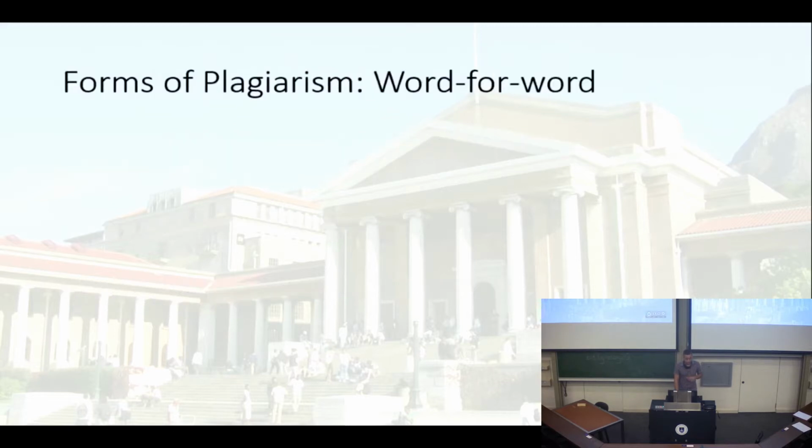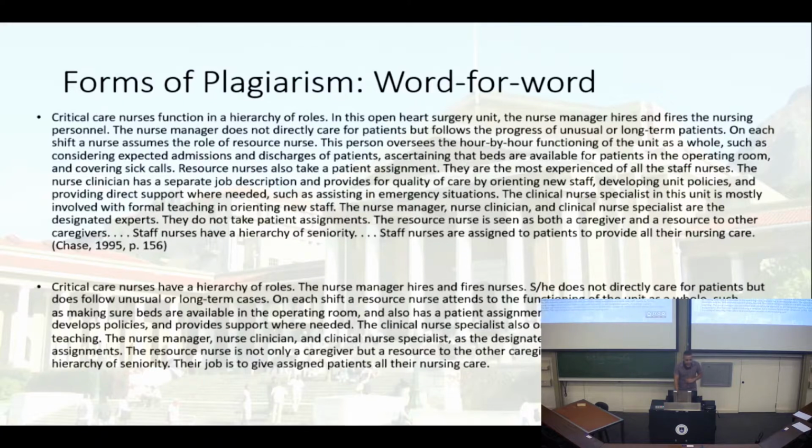There are, again, we're nearly done, different forms of plagiarism. This, although it may look different, is word for word plagiarism. You're taking key phrases: critical care nurses have a hierarchy of roles; critical care nurses function in a hierarchy of roles. I mean, that is trash.